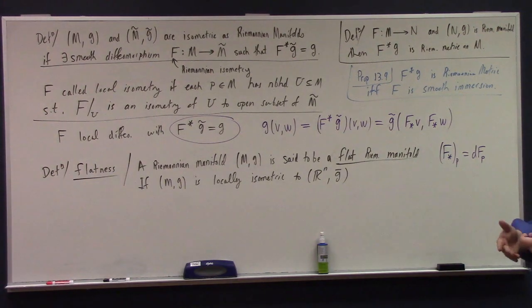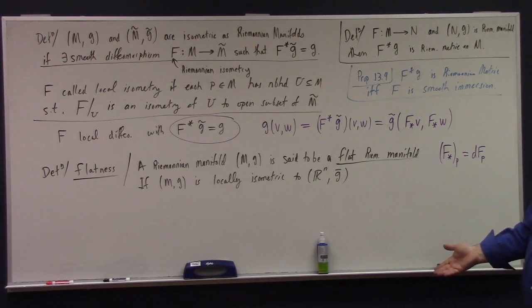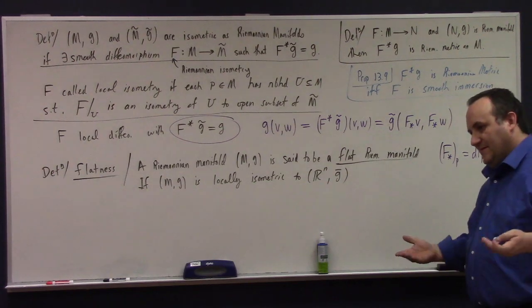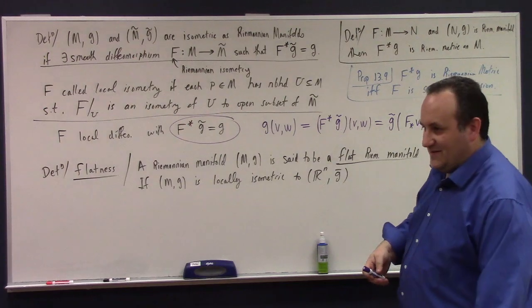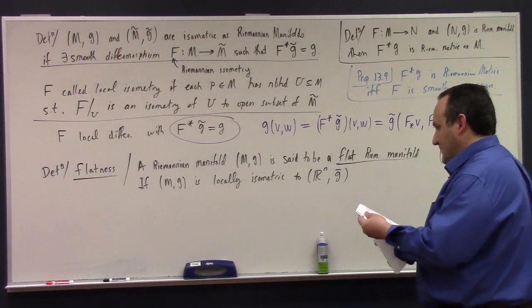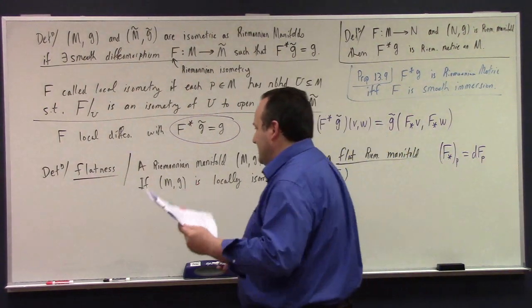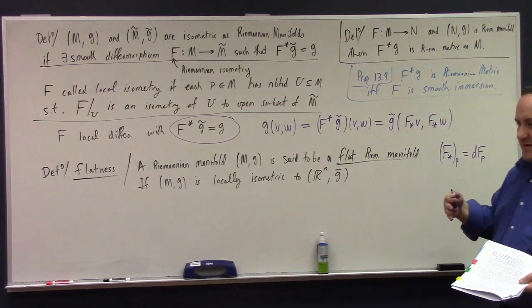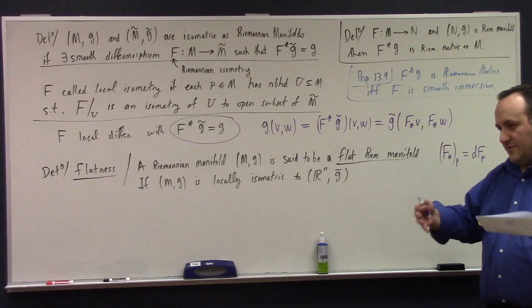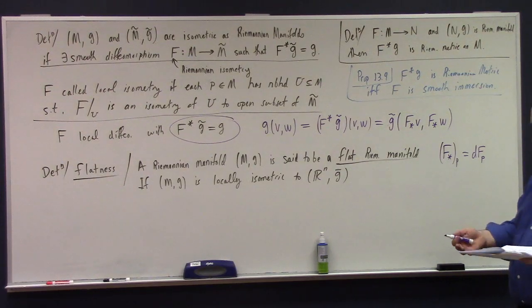R^n with the Euclidean metric is flat because it's isometric to itself under the identity map. Not an especially interesting example, but Euclidean space is flat. And in some sense, that's really the question: when is the geometry of the manifold the same as just the Euclidean geometry of the plane or extended n-dimensional space?